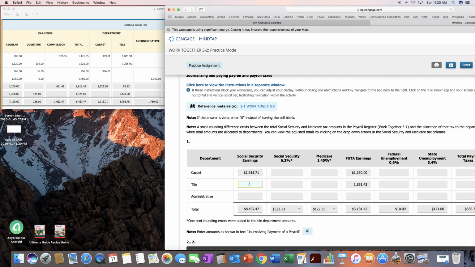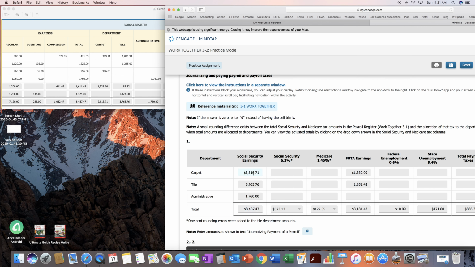Then we do Tile. Tile's total earnings was 3,763.76, and administrative was 1,760. So we add those up, and you get the 8,000 total. I just wrote that in already, so we didn't have to go through it.